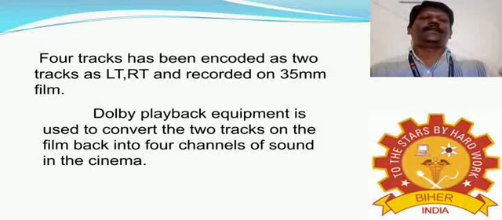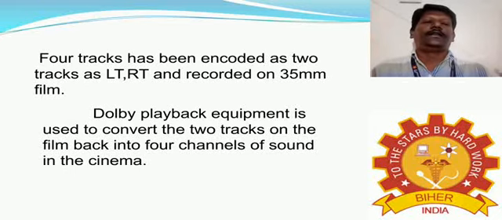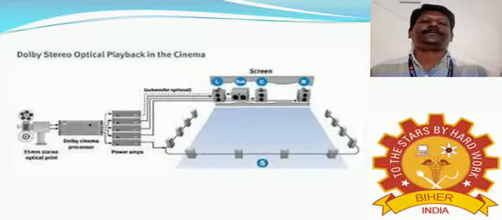So 4 tracks has been encoded as 2 tracks as left total and right total and recorded on 35 mm film. Dolby playback equipment is used to convert the 2 tracks on the film back into 4 channels of sound in the cinema. So this is a Dolby Stereo optical playback in the cinema.